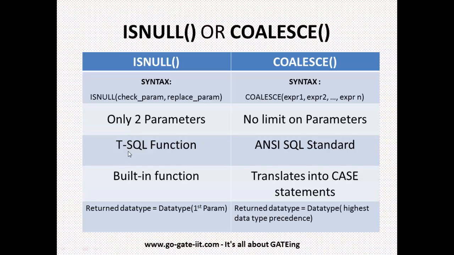ISNULL is a T-SQL function and Coalesce is ANSI SQL standard; it follows ANSI SQL standards. ISNULL is a built-in function, but Coalesce translates into case statements. What does this statement mean?